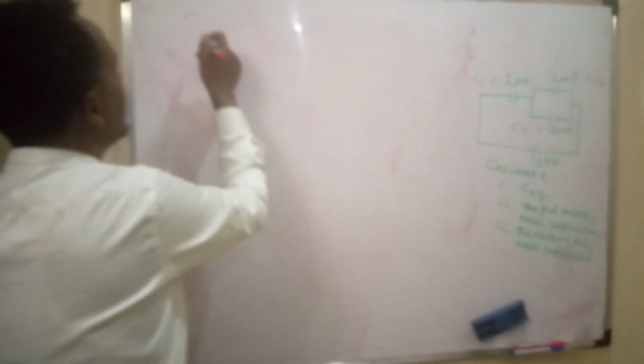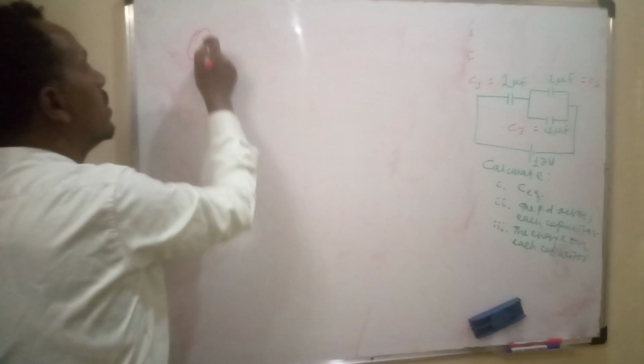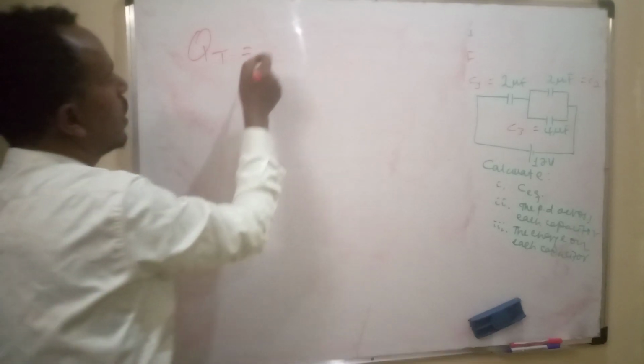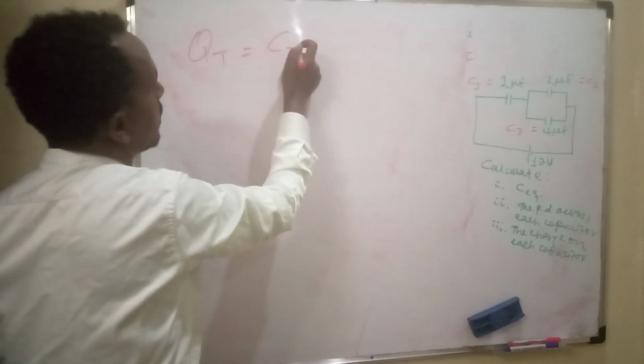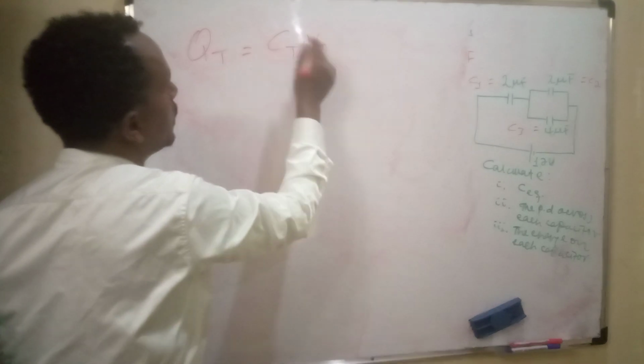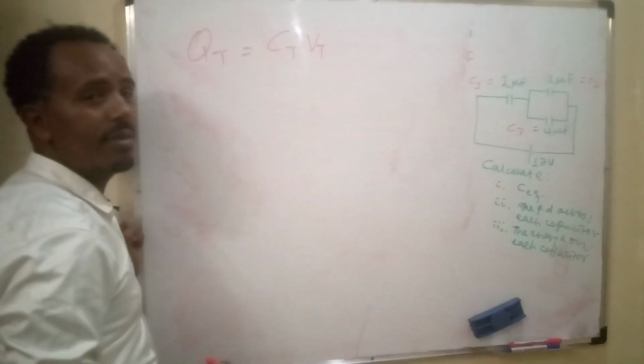Now, total charge is equal to total capacitance times total potential difference. Total capacitance is calculated here, 3 over 2.